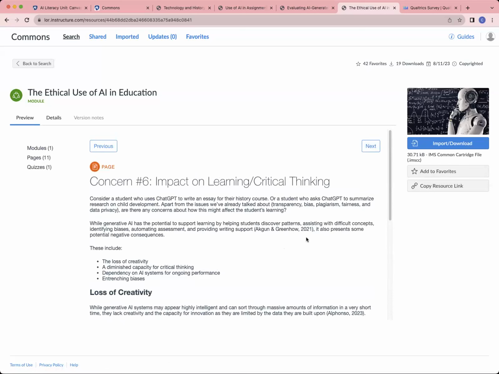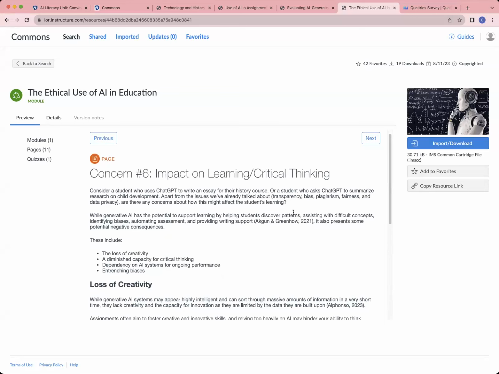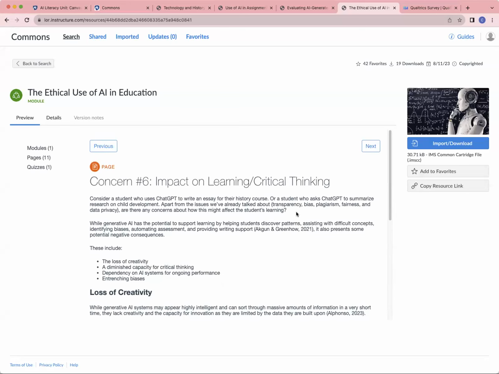And this is one that's near and dear to my heart, and many of you who teach or provide learning design support for instructors: the impact on learning and critical thinking. Basically, the overuse of or over-reliance on AI, and the way that might impact students' learning in a really negative way.